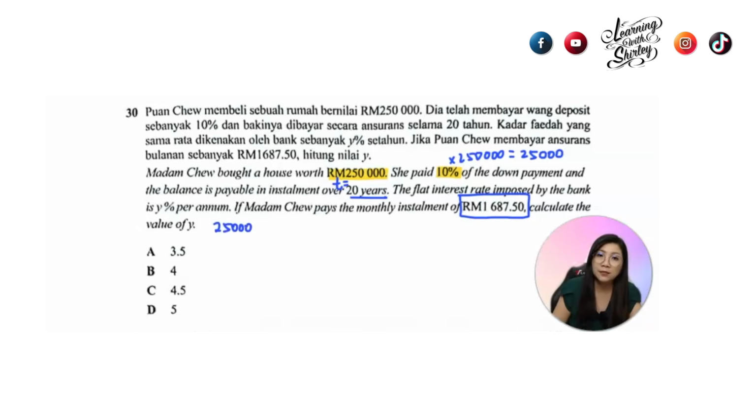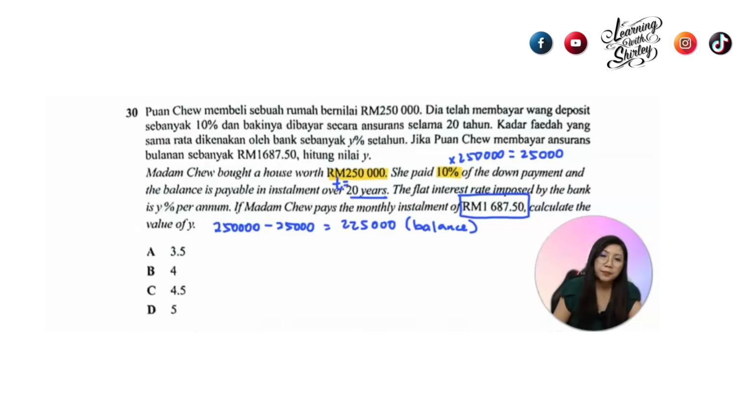We're going to calculate the balance first: 250,000 minus 25,000. You get 225,000. This is the balance of the payment, which will be divided over 20 years.